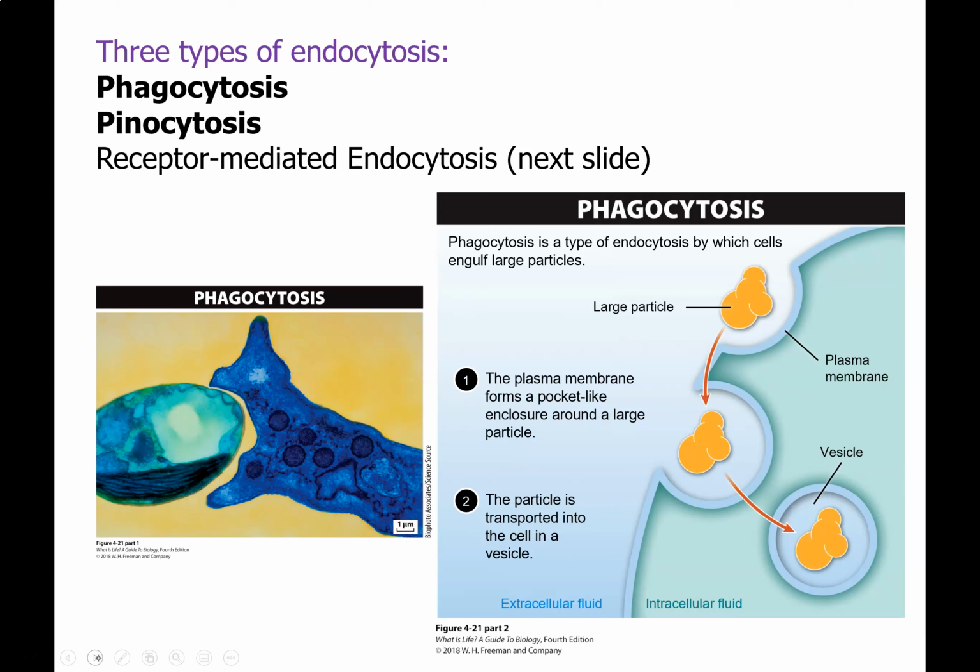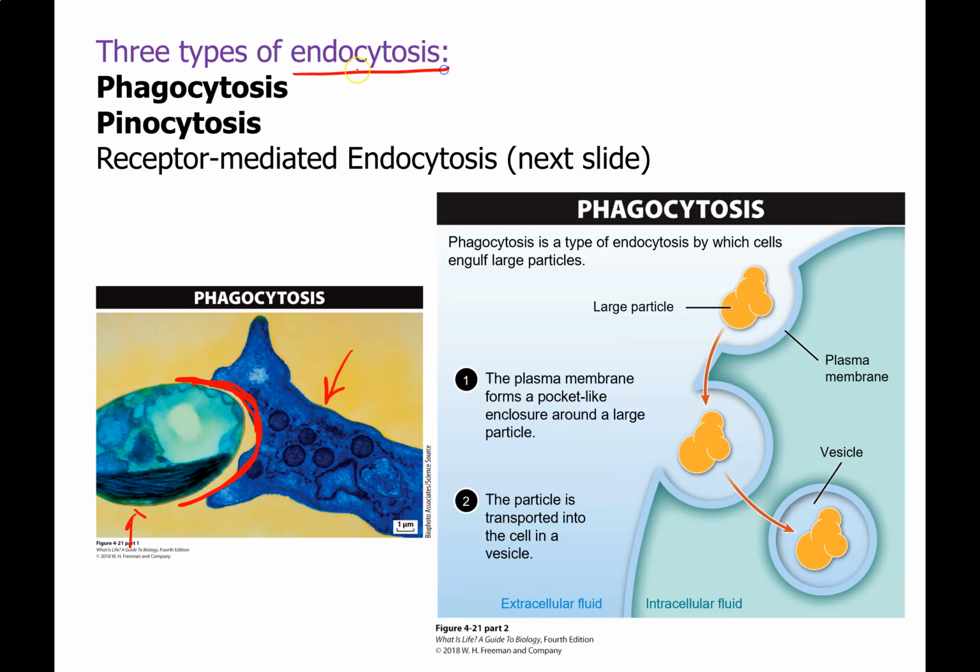This is endocytosis. We'll talk about the specifics in just a second, but you can see here, this is a large eukaryotic cell. This is another cell of some sort, looks like a smaller eukaryotic cell, and it is extending around the smaller one and will eventually engulf it, surround it, and then the organelles inside will break that down for its nutrients.